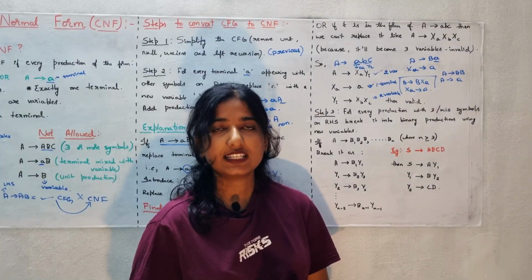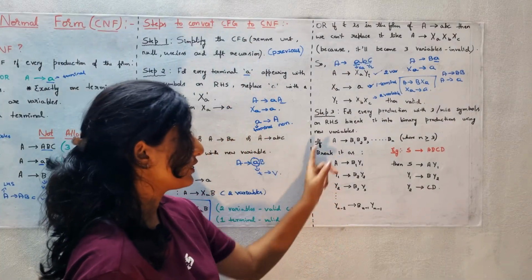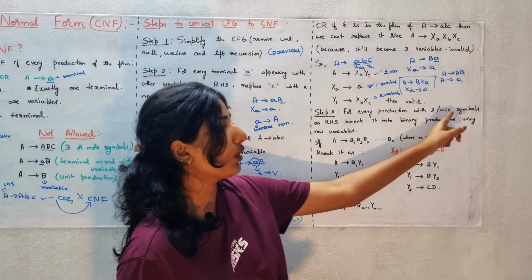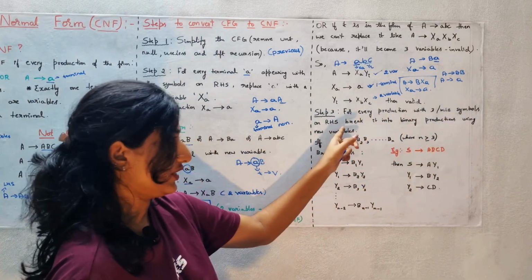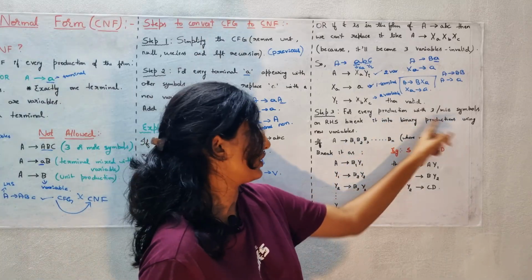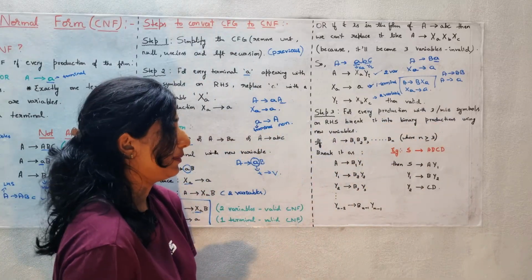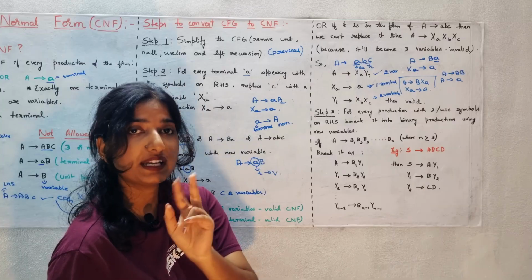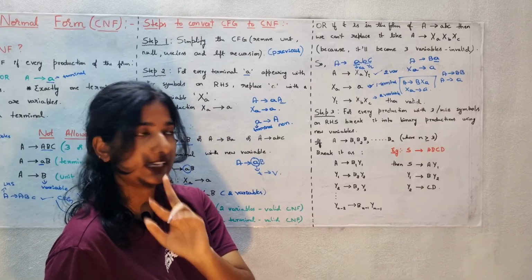So now let us see step 3. So step 3 is for every production with 3 or more symbols on RHS, break it into binary productions using new variables. So we have to break it into binary productions. Binary, clear?